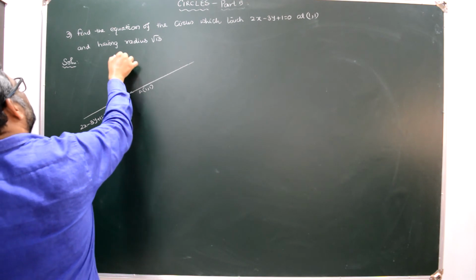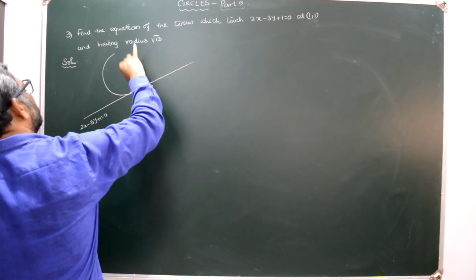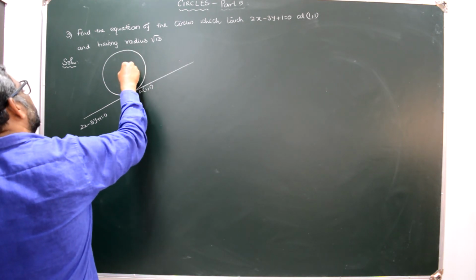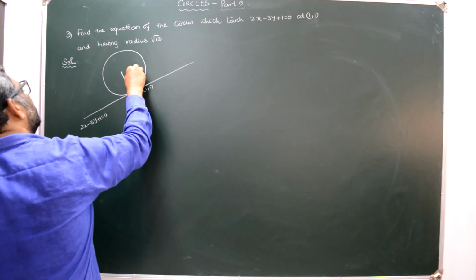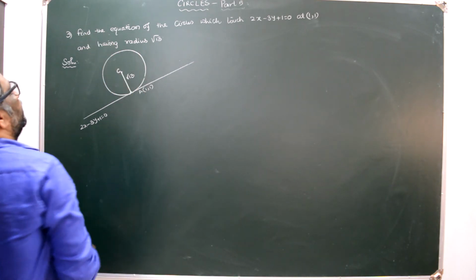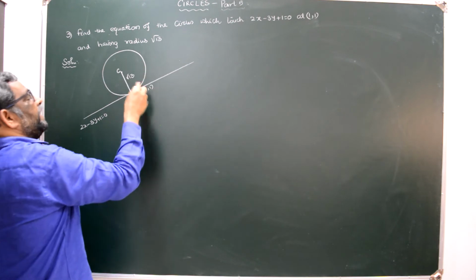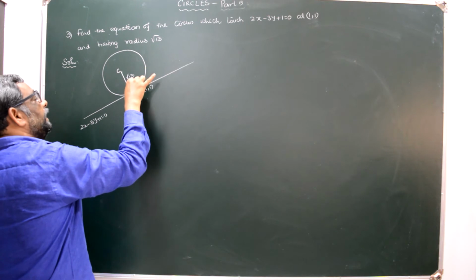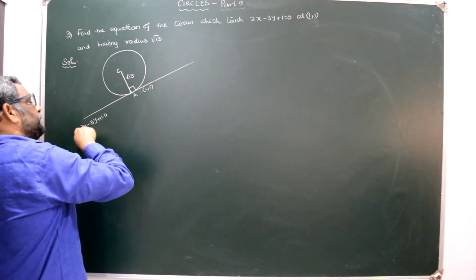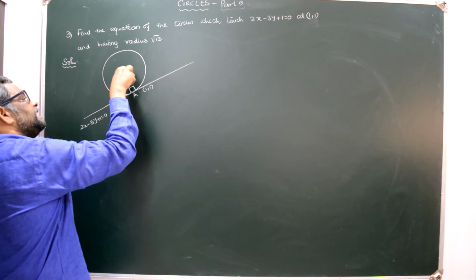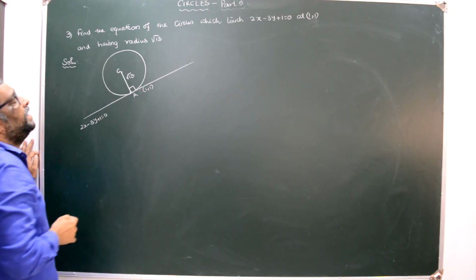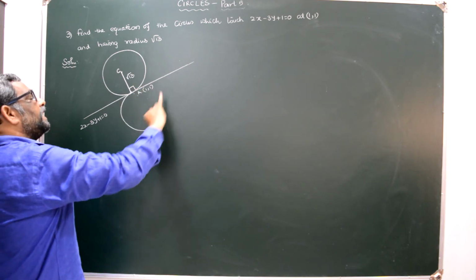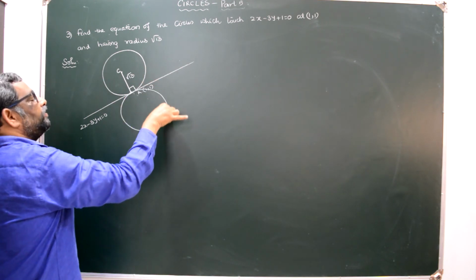That means if the circle is touching the line like this, radius is root 13. This is center C. If I call this as A, CA is equal to root 13. That means the center is on the line perpendicular to this line and is at a distance of root 13 units from A.